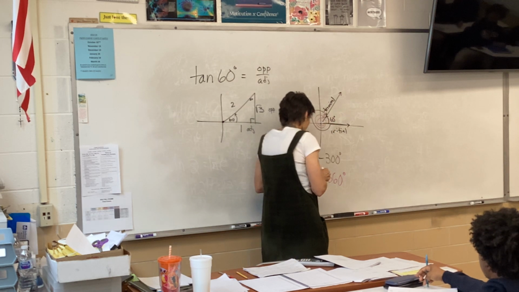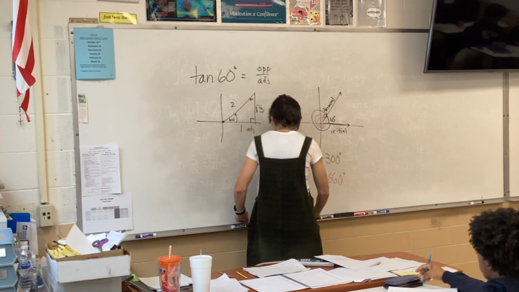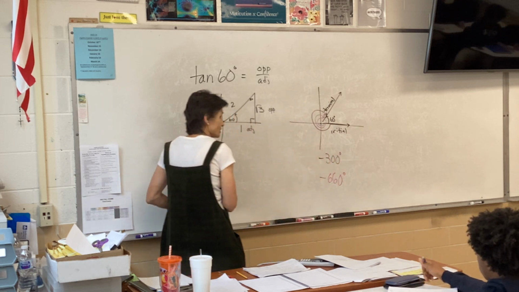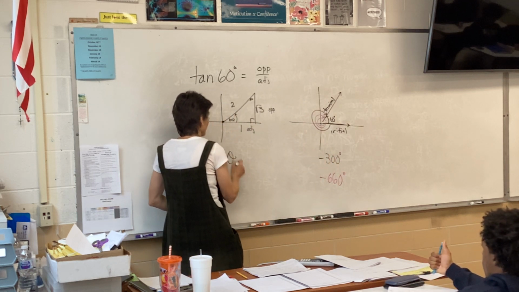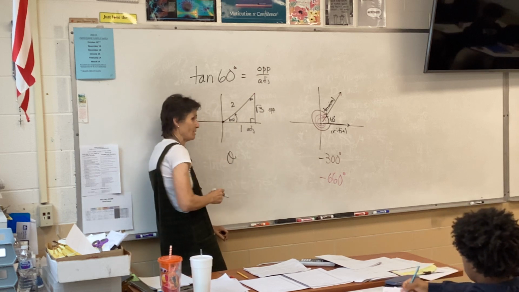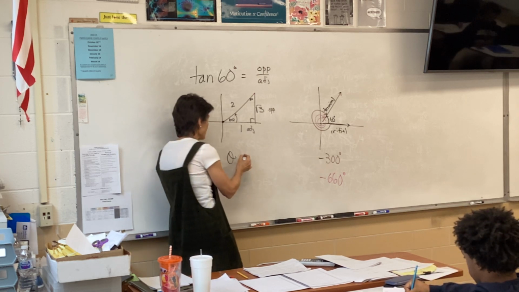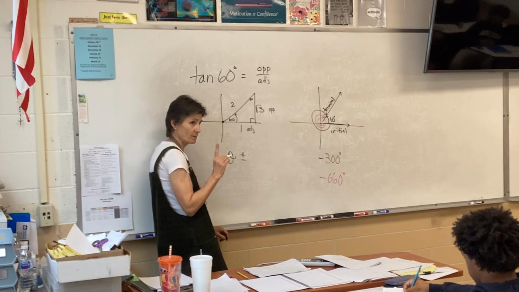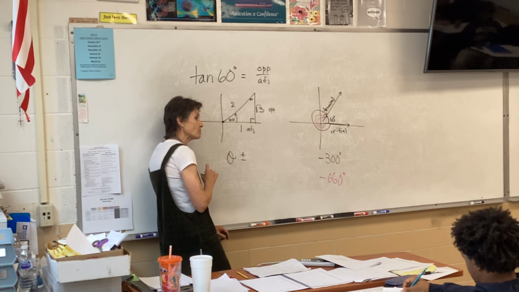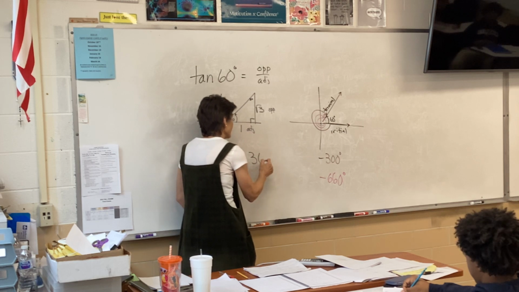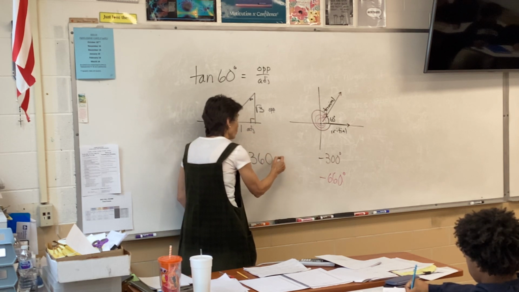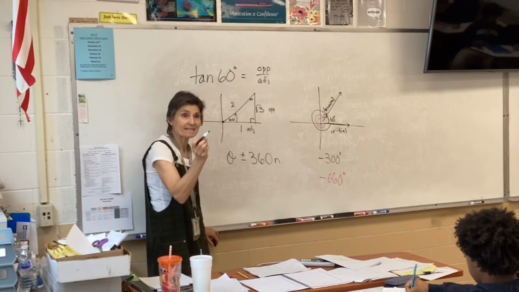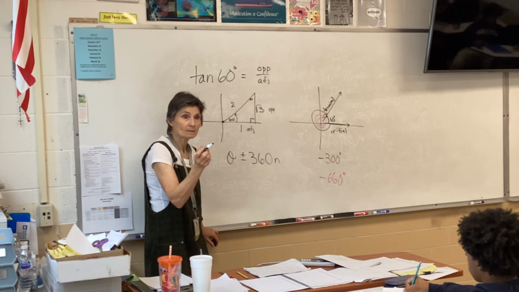To find coterminal angles, you take your original angle, whatever it is, I'll call it theta, and if you're in degrees, you add or subtract revolutions, which are 360s in degrees.